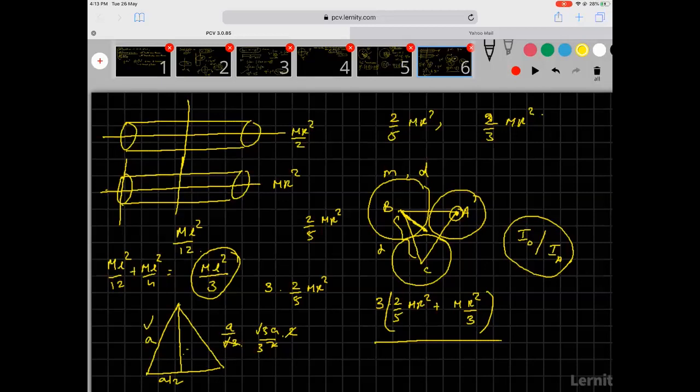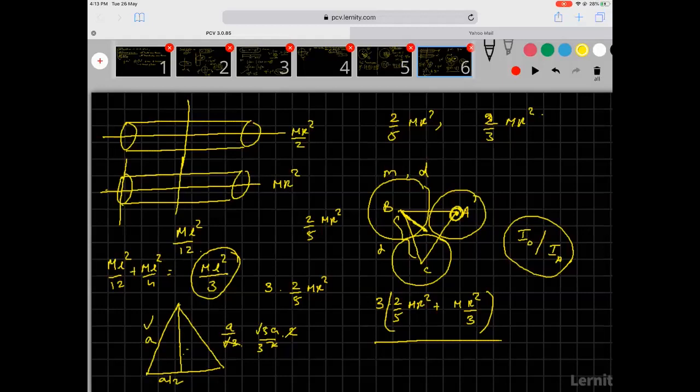Okay, so this is how you can find out the moment ratio here. So now if you want to find out the moment of inertia about this point, you have the moment of inertia by the parallel axis theorem. So it will become 3 times 2 by 5 mr squared plus 2 times, you have to do the parallel axis theorem for only 2 spheres to this point.